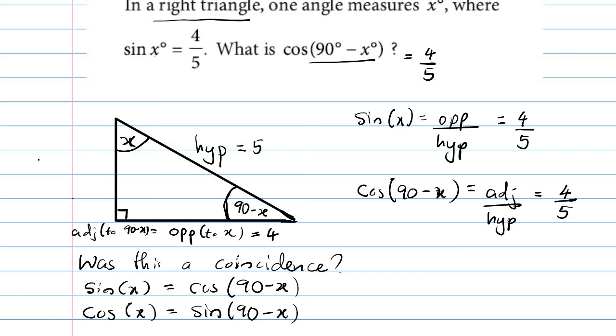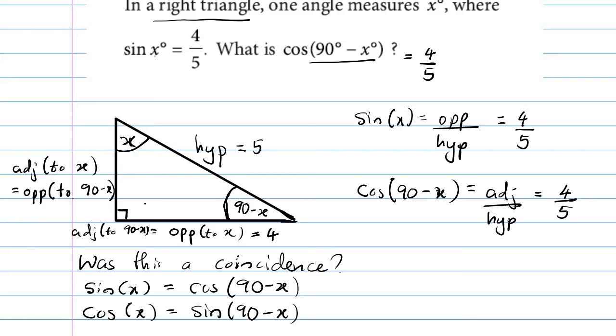So the reason is that this side is adjacent to x, but also equal to the opposite of 90 minus x. You see that this side is directly facing the 90 minus x angle. So that's why this is opposite.